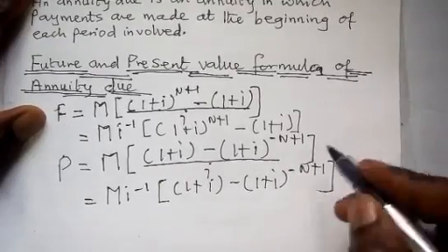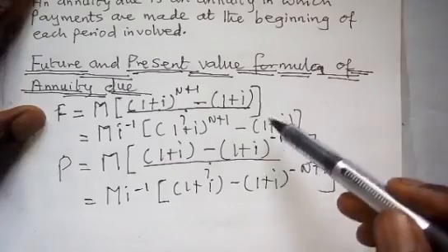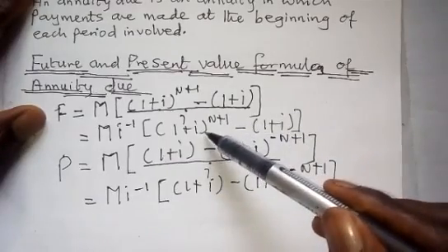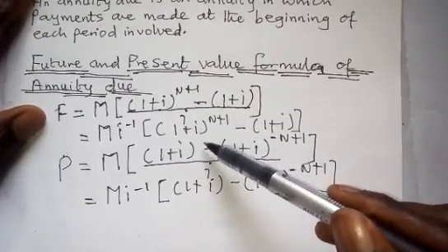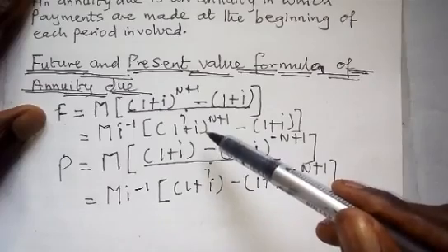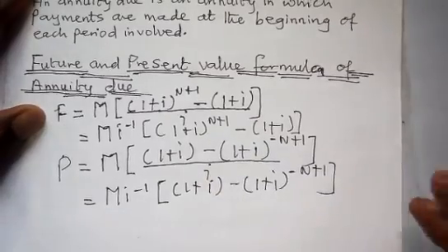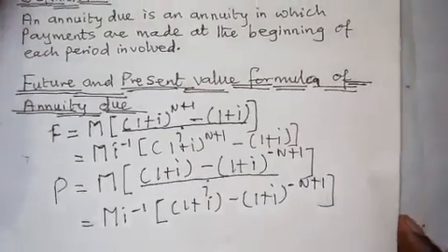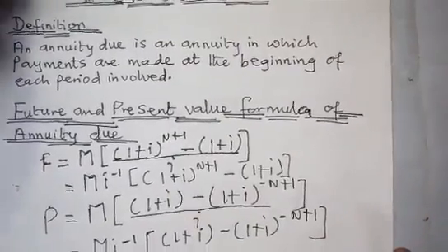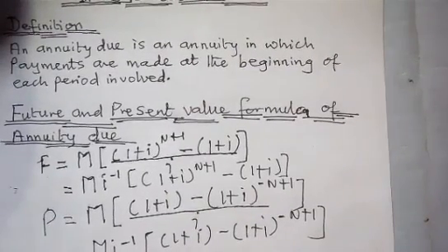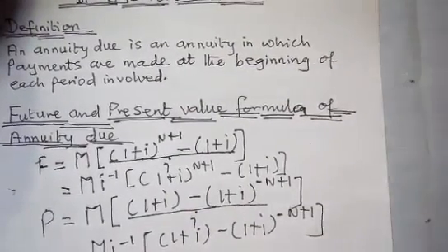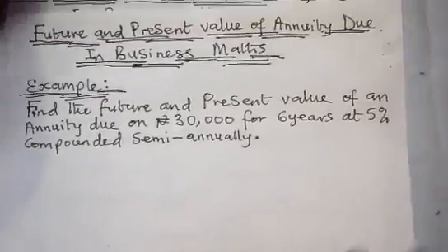So these two formulas are what we shall be using for the future and present value of annuity due respectively. Now that you know the formulas, let us get right into an example. Let's take just one example in this lesson.